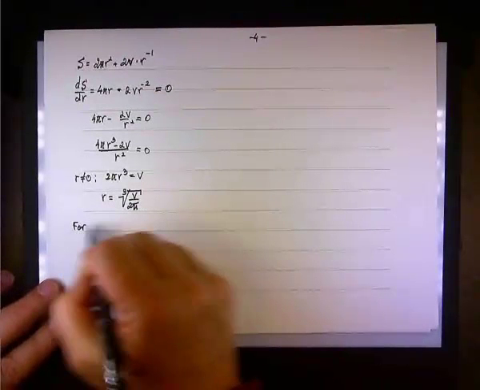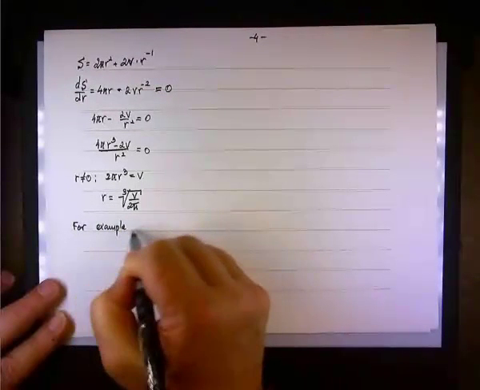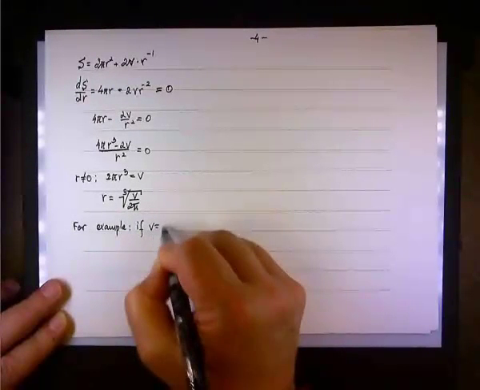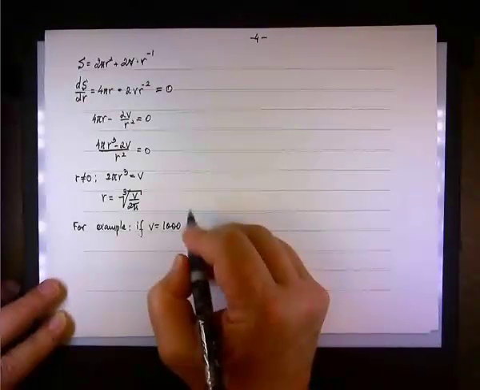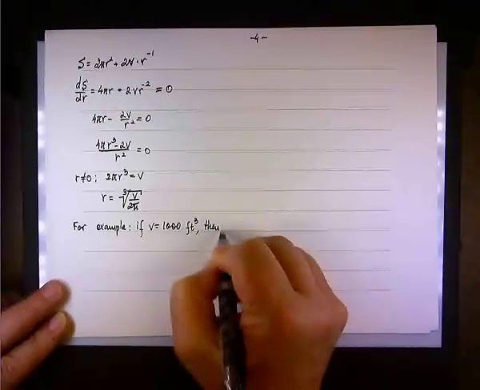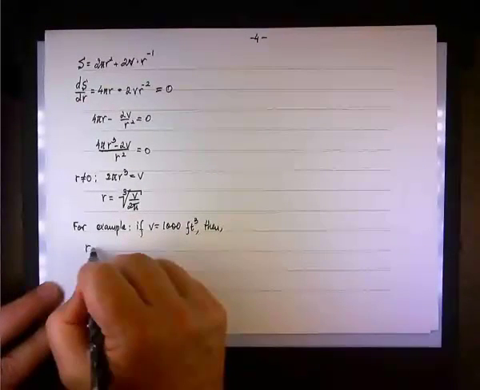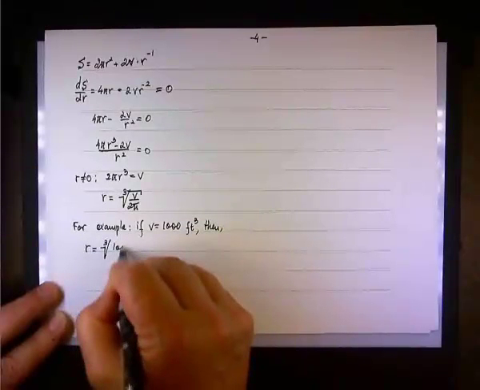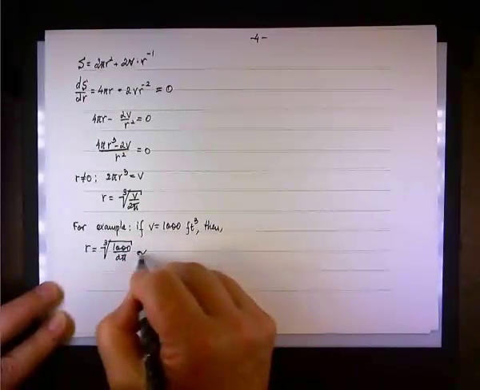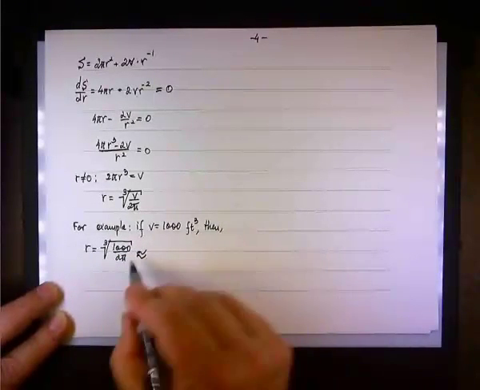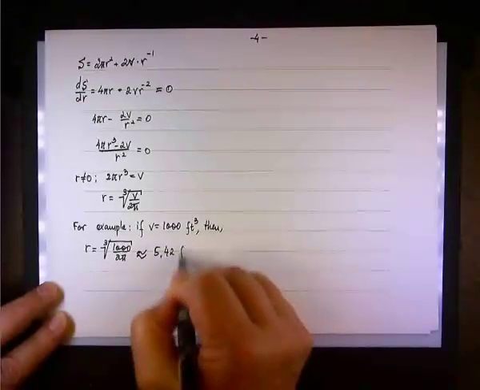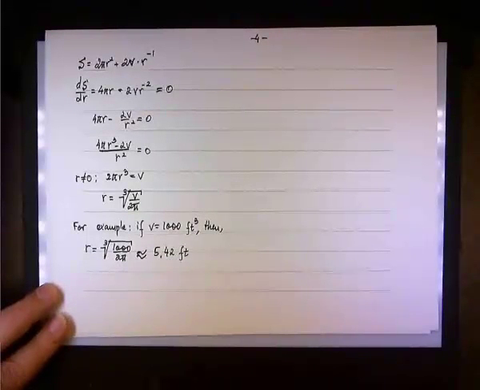For example, if V equals, let's put 1,000 cubic feet, then we have R, the radius, will be the cube root of 1,000 divided by 2 pi, or this will be calculated as 5.42 feet, I think. You can check this out.